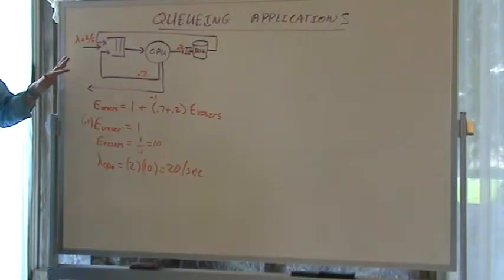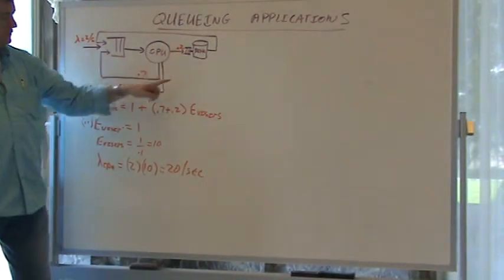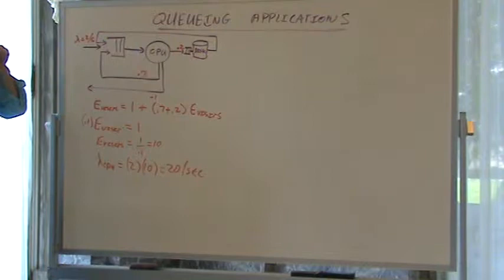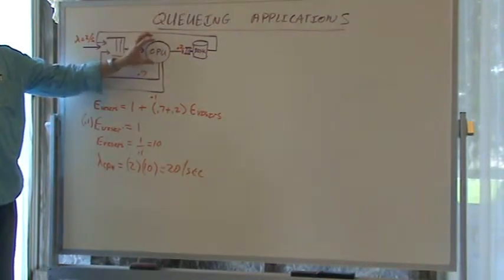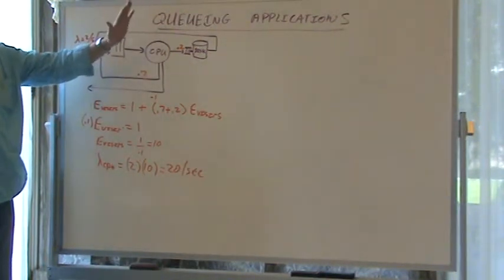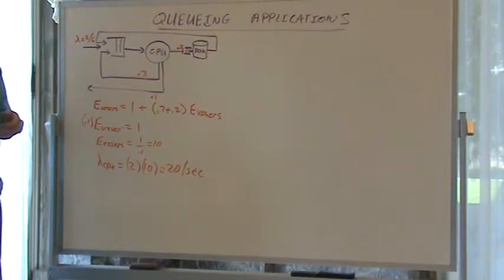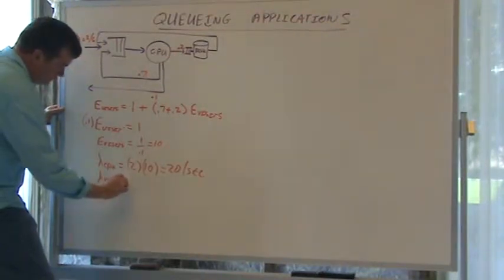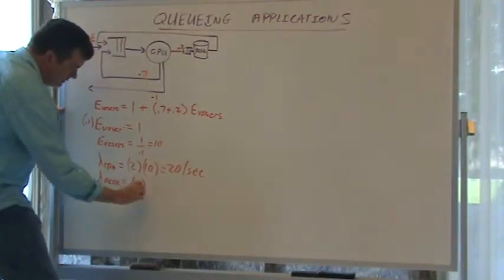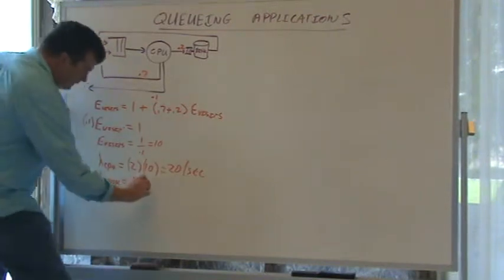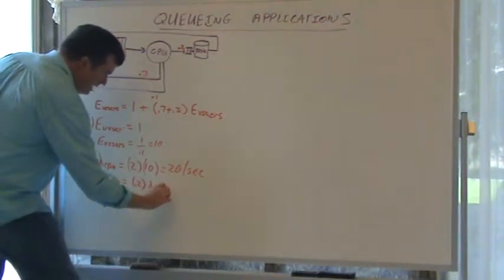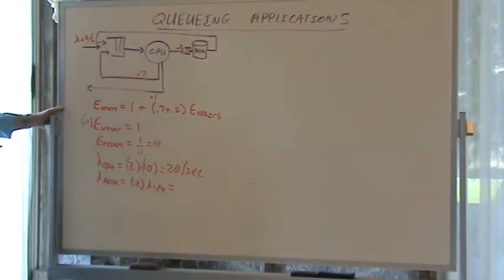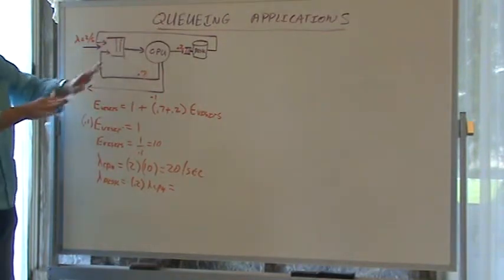Now you have to look at the picture to say, what is the rate into the disk drive? Well, 20% of everything that comes into the CPU goes to the disk drive, and 80% does not. So what would the lambda, the rate into the disk, be? It would be 20% of lambda CPU, and you get this from the picture. The CPU feeds something.